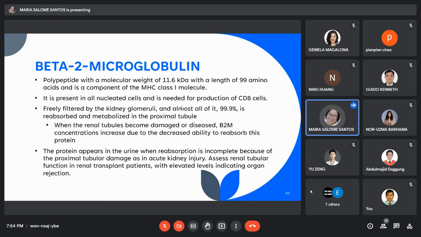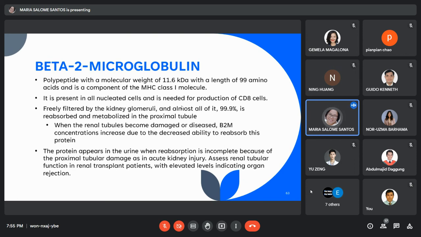It is also freely filtered by the kidney glomeruli, and almost all of it, about 99.9%, is reabsorbed and metabolized in the proximal tubule. When the renal tubules become damaged or diseased, the beta-2 microglobulin concentration increases due to the decreased ability to reabsorb the protein.